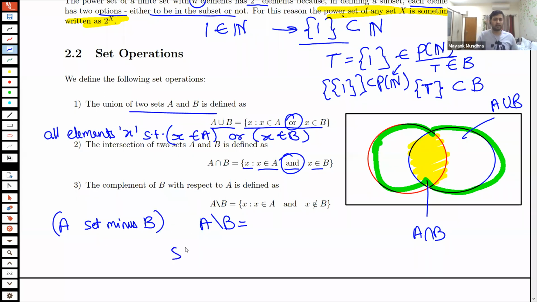I know that 5 minus 4 is equal to 1, which is subtraction of numbers. This is not subtraction of numbers. Now what I'm doing is subtraction of sets. A set minus B is all the elements in A which do not belong to B.